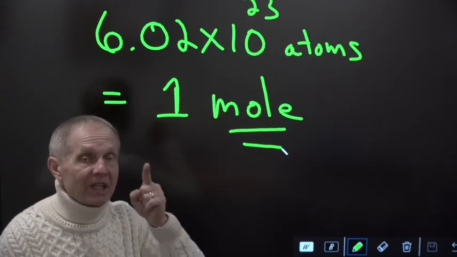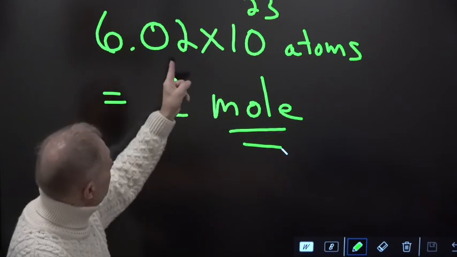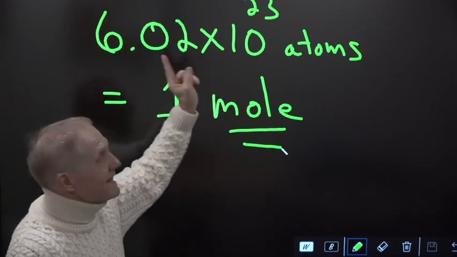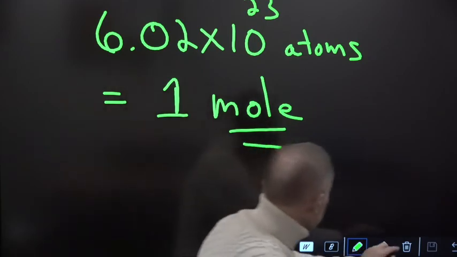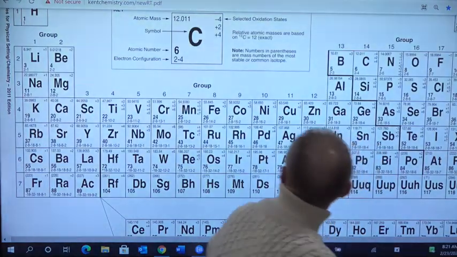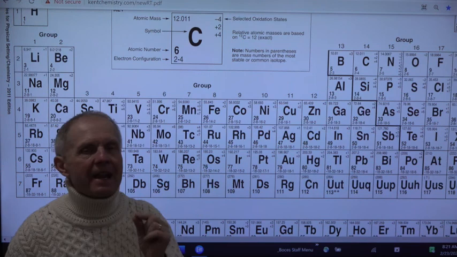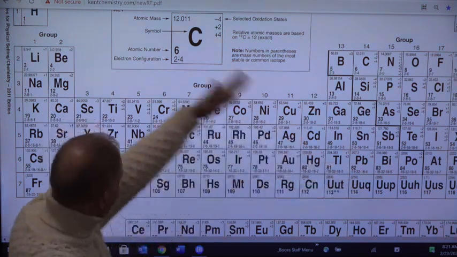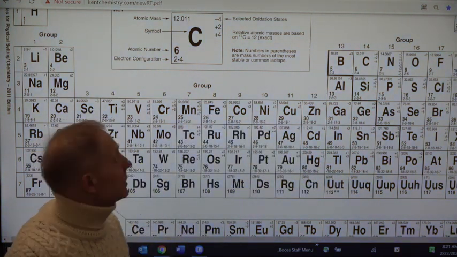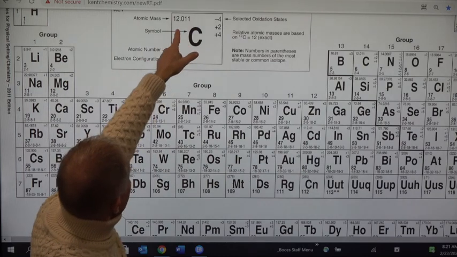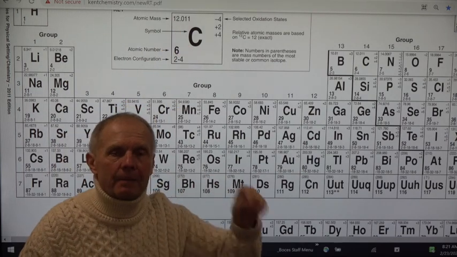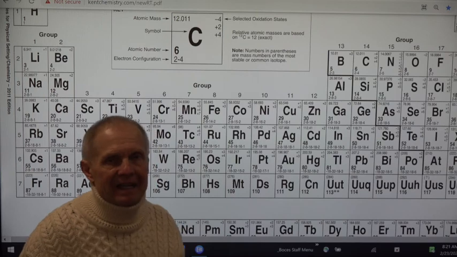But something incredibly interesting about that crazy number. Why that number? When we use that number of atoms for any element, now watch, remember that 12 was AMUs, atomic mass units, and we can't weigh AMUs.